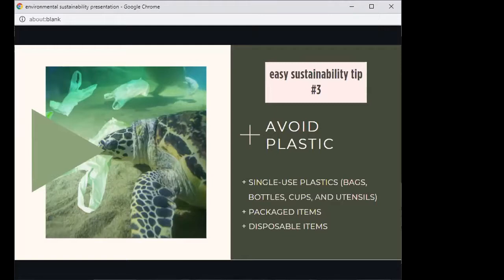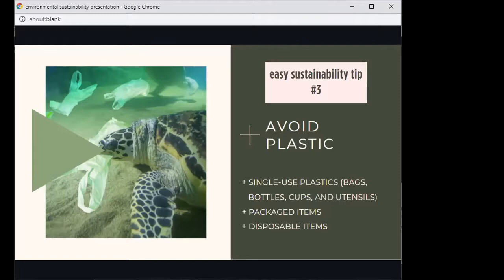But what you can do is start looking for things that are either made and shipped waterlessly. That's things like soap bars and shampoo bars. That helps cut back on transportation costs, and those things are typically shipped in non-plastic containers. Or you can look for things that are made from bamboo, which is a highly sustainable material.